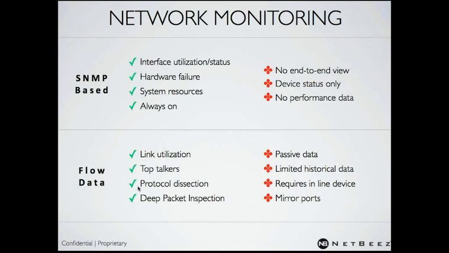First, there's SNMP, necessary to manage a network infrastructure, as it reports the status of network devices like routers, switches, access points, etc. However, it doesn't provide end-to-end visibility. There's no performance data and nothing from the user perspective. And then, of course, flow data, which is passive packet capture technology, which allows you to better understand how your network pipes are used, who your top talkers are, if a link is oversubscribed, and what applications are oversubscribing your network. This tool also has the ability to do protocol inspection.